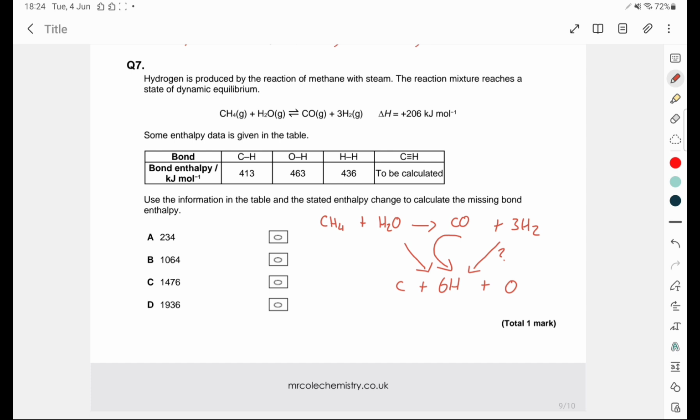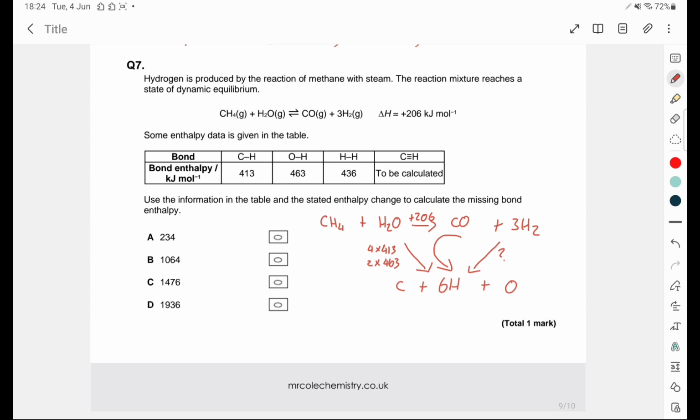So the top arrow given in the question is plus 206. And the left arrow are the 4 CH bonds in the methane, so 4 times 413, and the 2 OH bonds in the water, so that's 2 times 463.